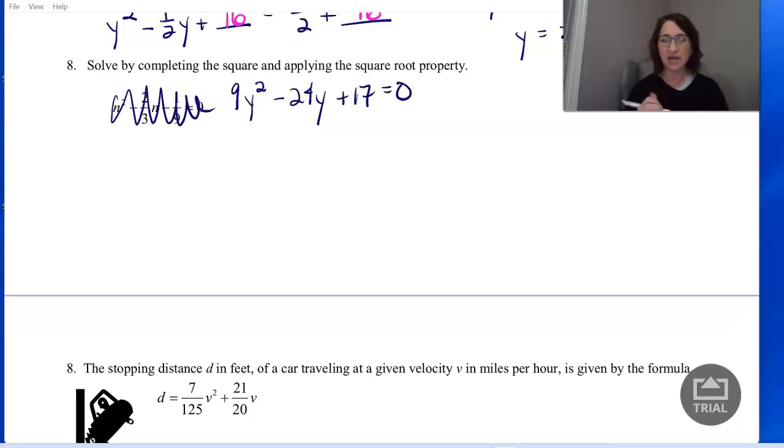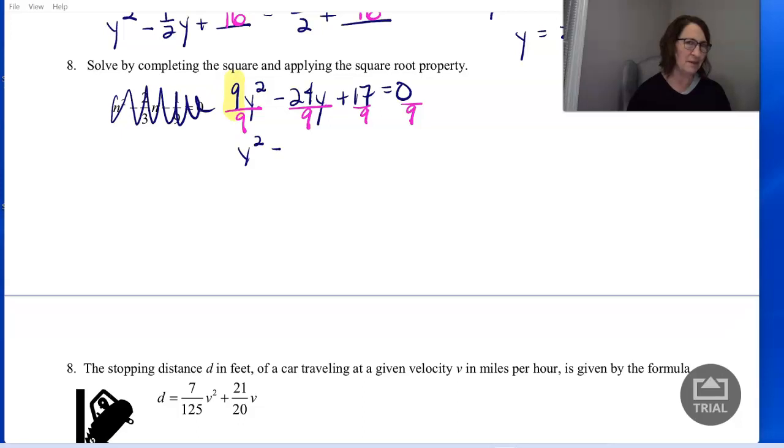All right. So the first thing we notice is we have a coefficient that's not a 1. So I'm going to divide all of my terms by that coefficient of 9. And so that leaves me with y squared minus, well, 24/9, can I reduce that?